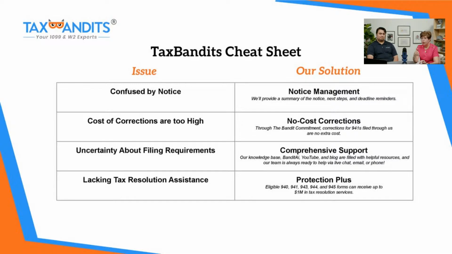Within that notice management section, we've got a list of the notices that we're currently supporting, and it gives you a definition of what the notice means. I think it gives you a couple of scenarios as to why you may have received it, and it tells you what your next steps would be. So that would get you started in the resolution process. And of course, you can always call us or email us or chat with us if you have additional questions as well.